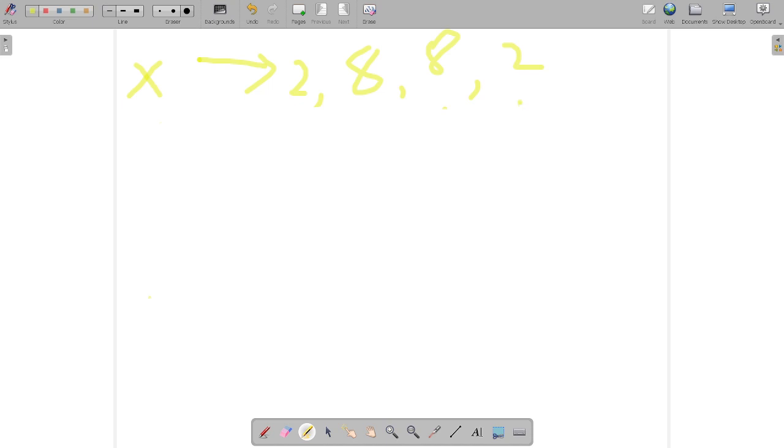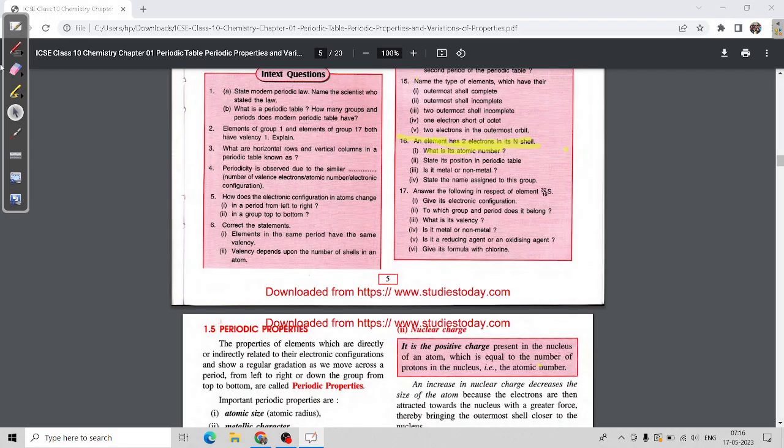So what is the atomic number? The atomic number is 20.